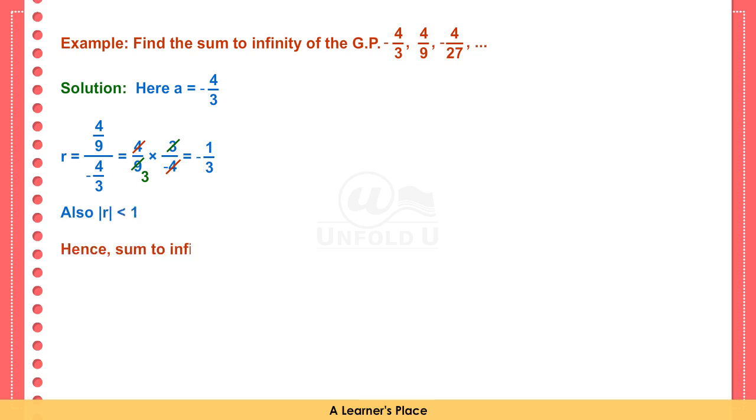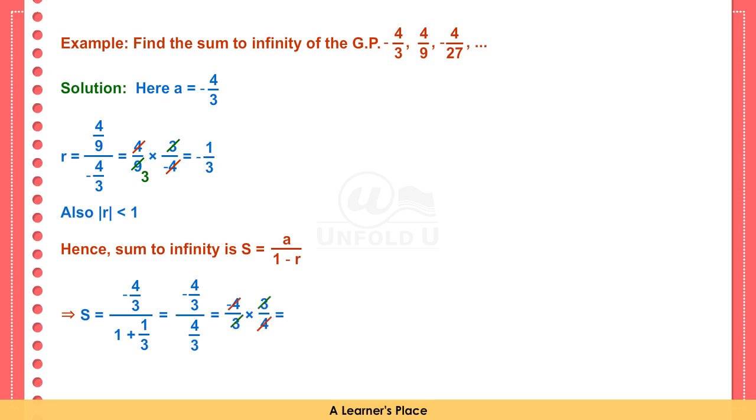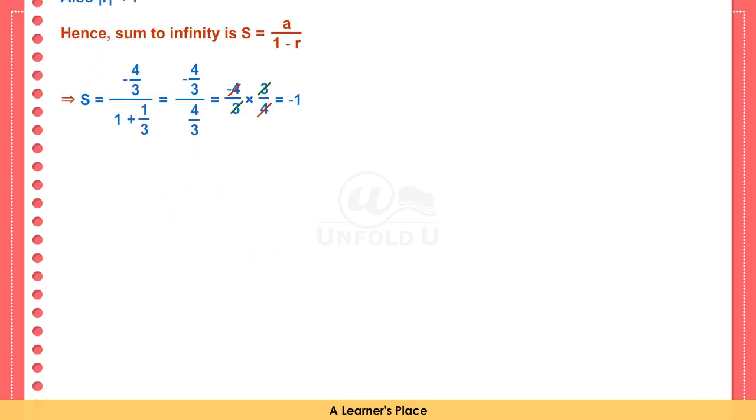Hence, sum to infinity is S is equal to a upon 1 minus r, which implies S is equal to minus 4 by 3 upon 1 plus 1 by 3, which is equal to minus 4 by 3 upon 4 by 3, which is equal to minus 1.